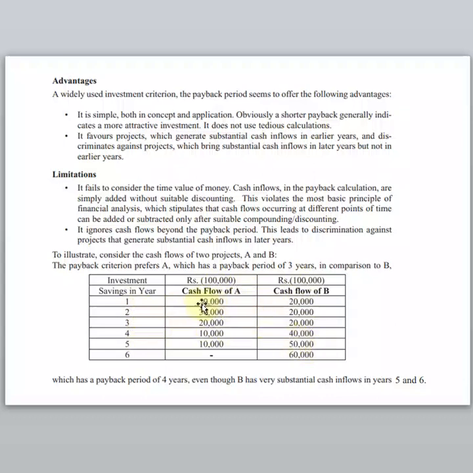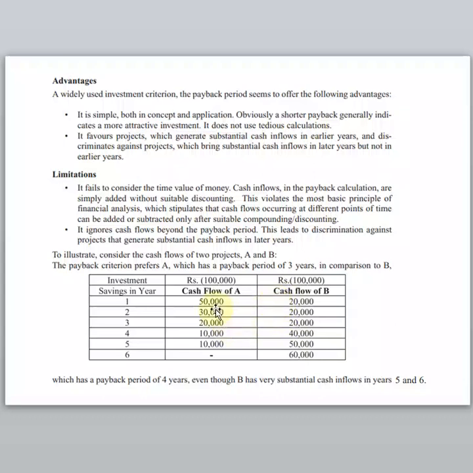Here we can see that the cash flow of project A gives more earnings in the first 3 years, and project B shows a substantial, constant cash flow in the first 3 years.